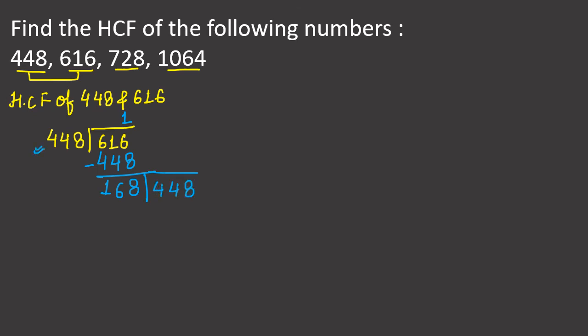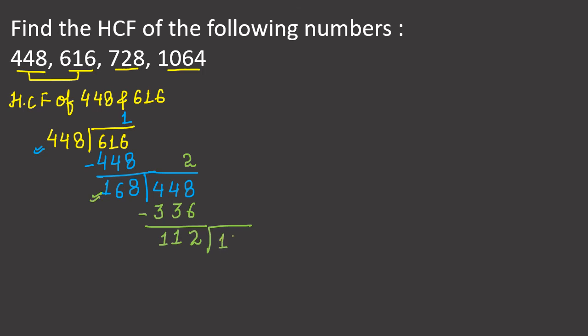Now divide 448 by 168. So 168 twos are 336. Subtract them. It will be 2, 1 and 1. Now 112 is the remainder. It will be the next divisor and write 168 as dividend now.